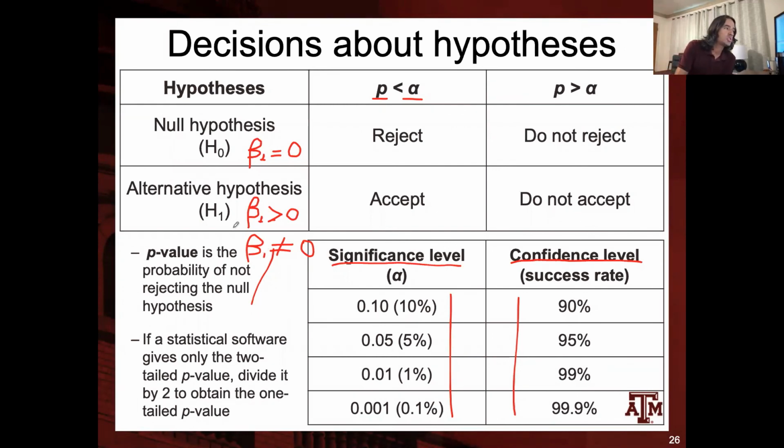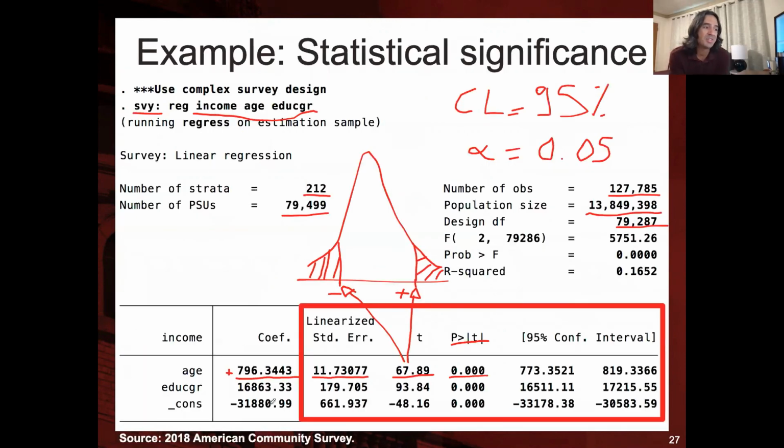So we should already say whether we expect the coefficient to be positive or negative. That's why I mentioned this here: if a statistical software gives only the two-tail p-value, divide it by 2 to obtain the one-tail p-value. In this case, the p-value is so small already that 0 divided by 2 is going to be 0, the same thing.